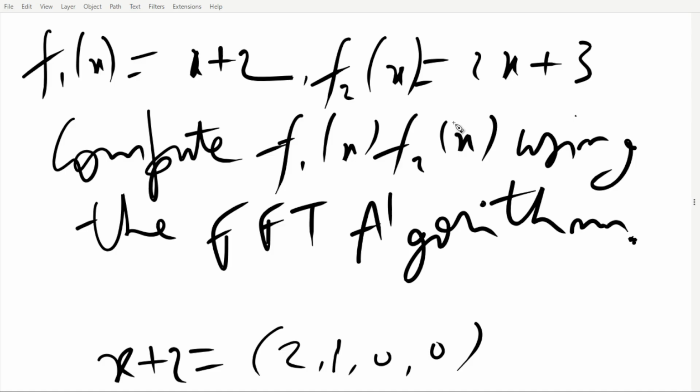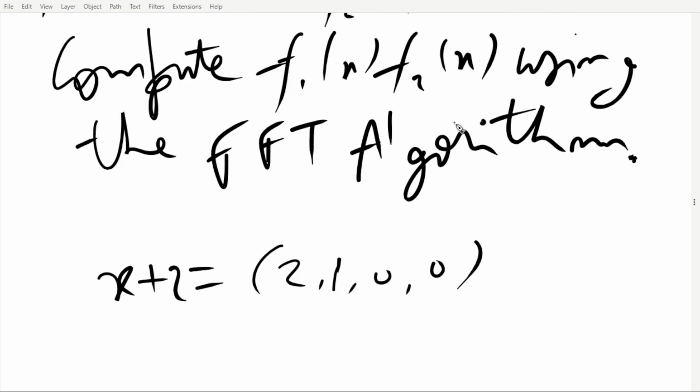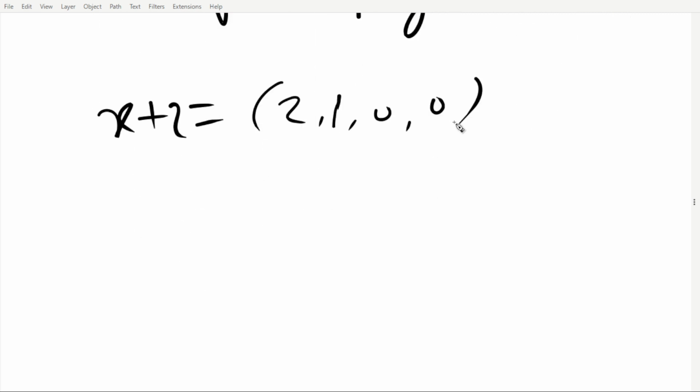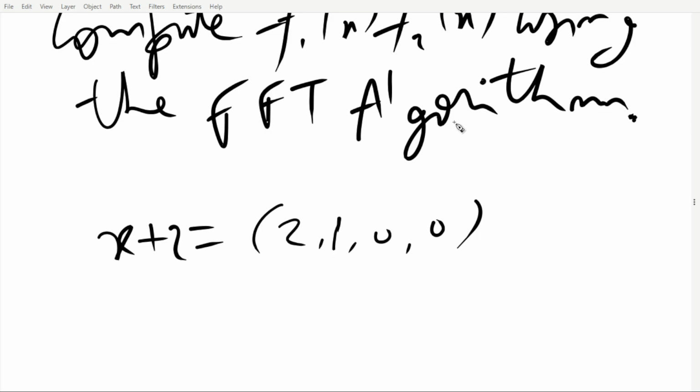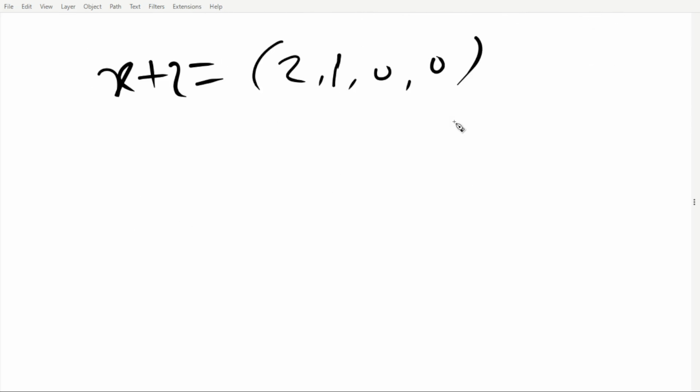So we use vectors of length 4 so that we can apply the FFT algorithm. So x plus 2 is the vector 2, 1, 0, 0, and 2x plus 3 is the vector 3, 2, 0, 0.